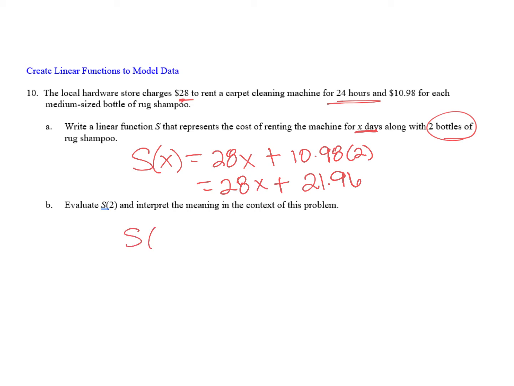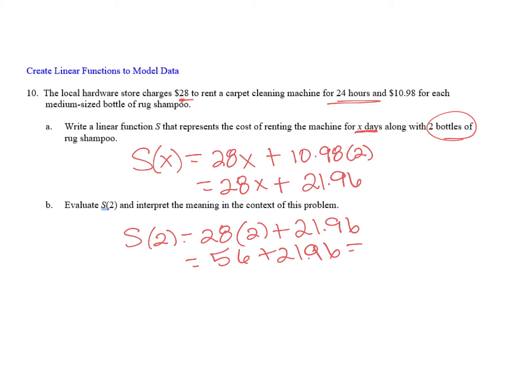Then it says evaluate S of 2. Well, S of 2 means I'm going to plug 2 into my function. 28 times 2 is 56, plus the 21.96 equals 77.93. Then it says interpret the meaning.